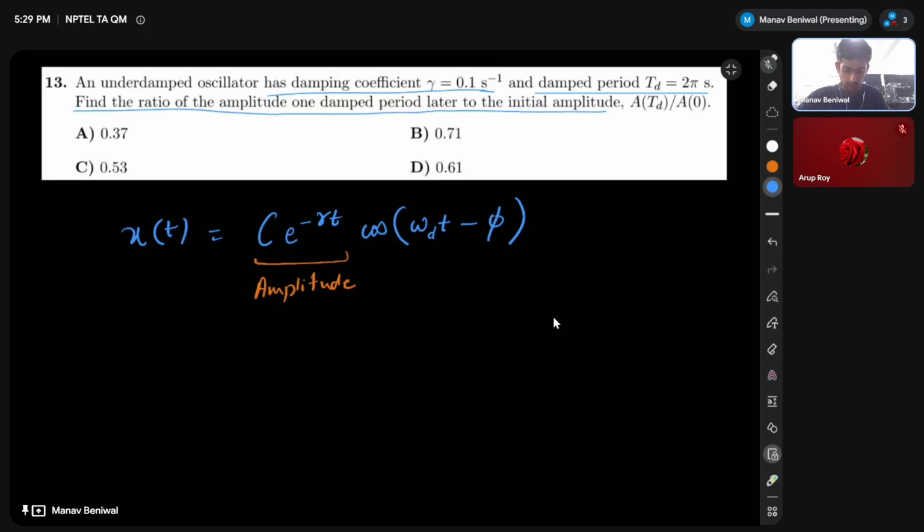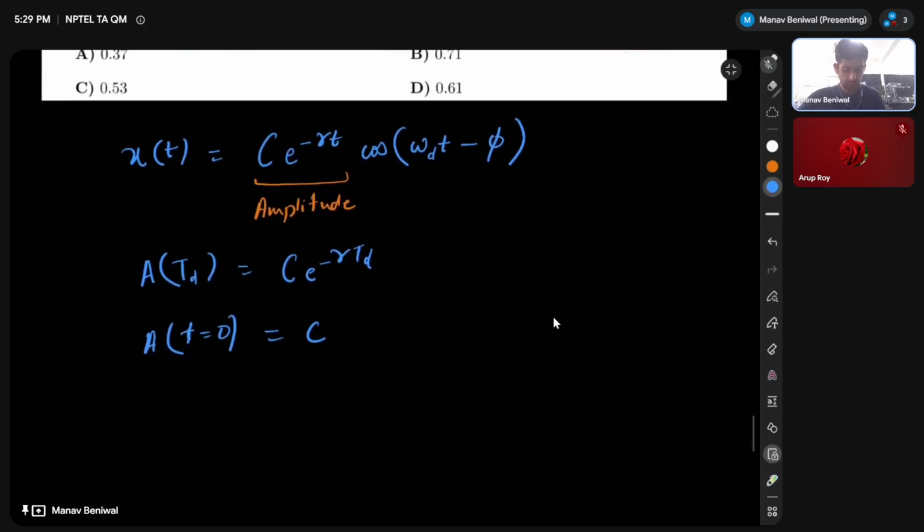So if I compare at t equals 0 and t equals Td, my A at Td is simply C e to the power minus gamma Td, and my A at t equals 0 is simply C. If I take this ratio, dividing both of them, what I get is e to the power minus gamma Td.